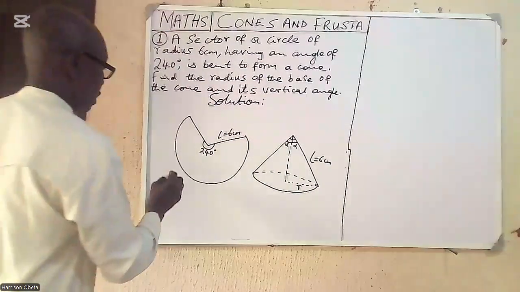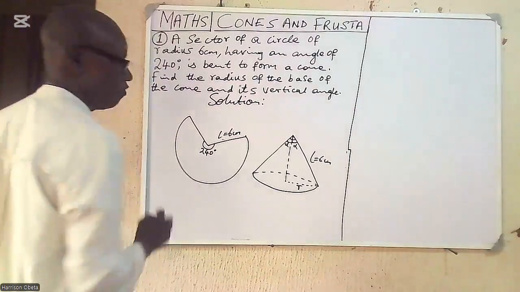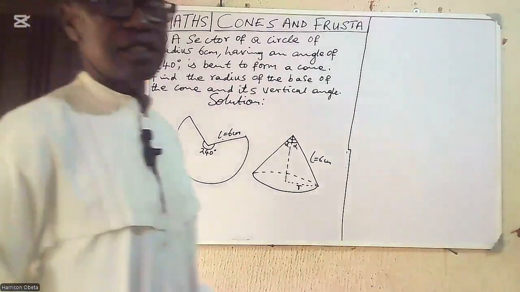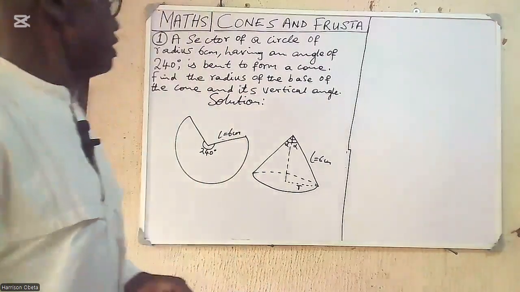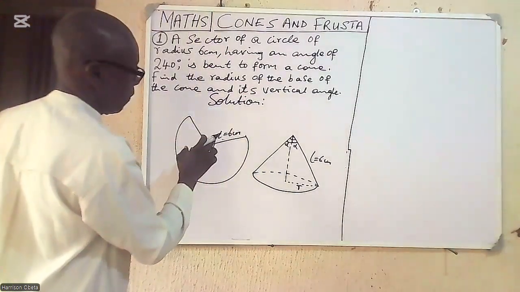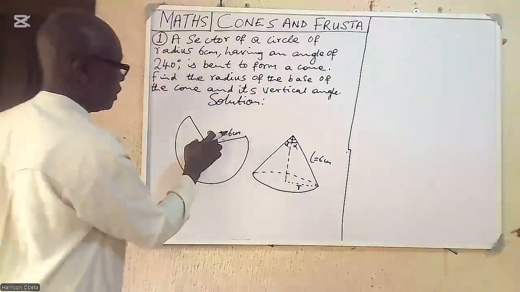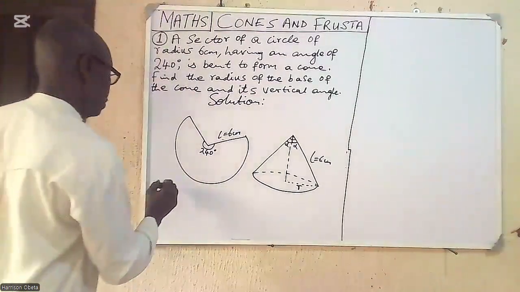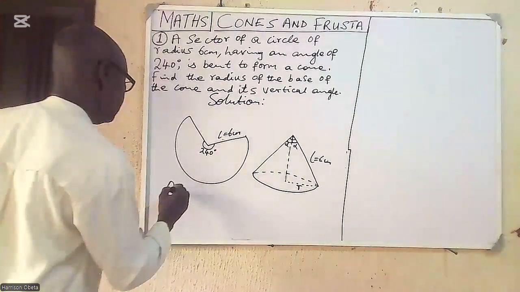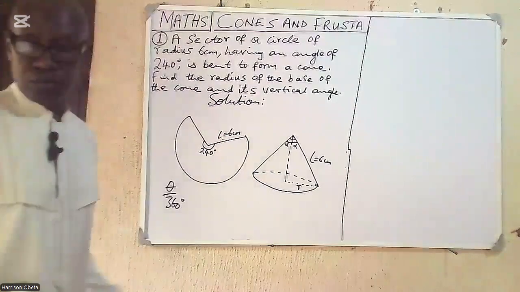So we are going to apply the formula. Length of arc is given by theta over 360 times 2 pi r. In this case, it will be 2 pi L, because our r here, we are using L to represent it. So we have theta over 360 degrees.